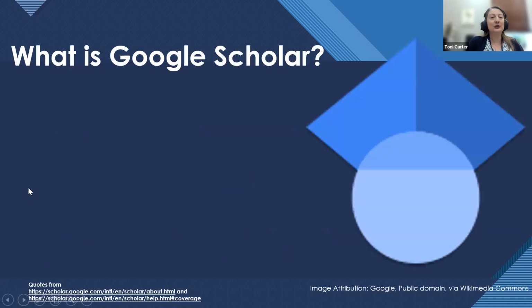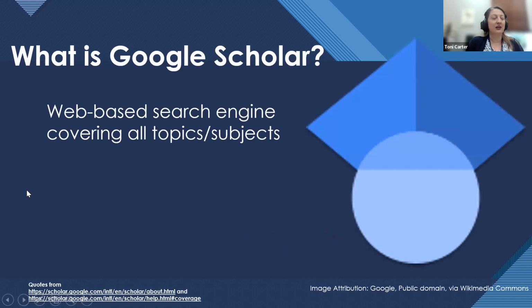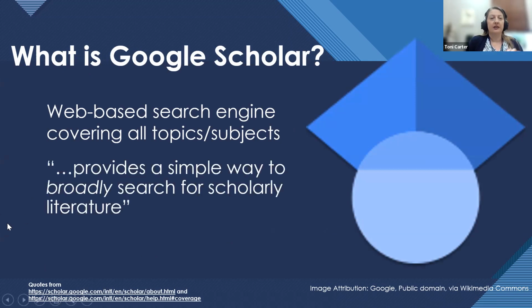Okay, so what is Google Scholar? Google Scholar is a web-based search engine that covers all topics. It's Google's attempt, and it's a pretty good attempt, to bring together scholarly resources. According to Google Scholar's About page, it provides a simple way to broadly search for scholarly literature.